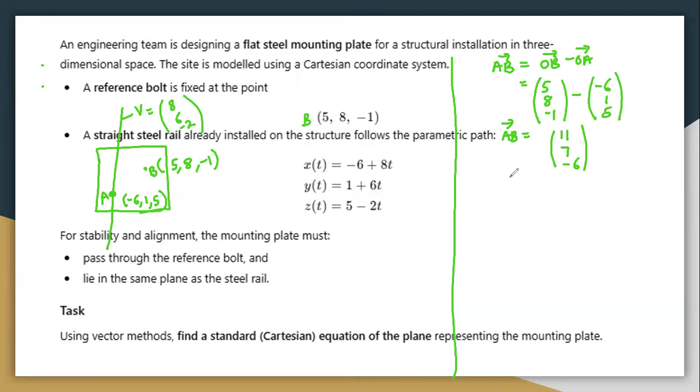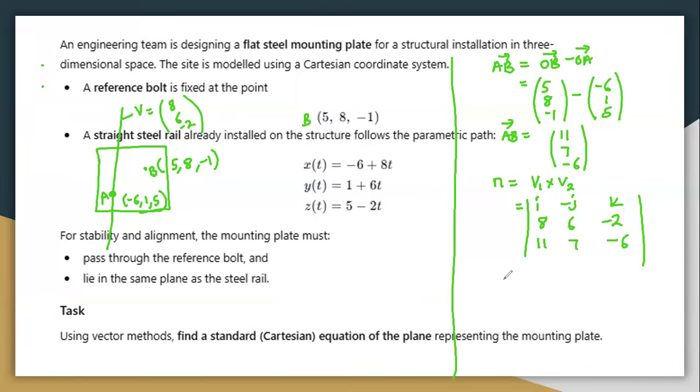So to get the normal, we are going to get the cross product of the two vectors, which is V1 cross V2, writing it in that format of I, negative J, and K, and filling in the two vectors. So 8, 6, and negative 2. And below we shall have 11, 7, and negative 6.